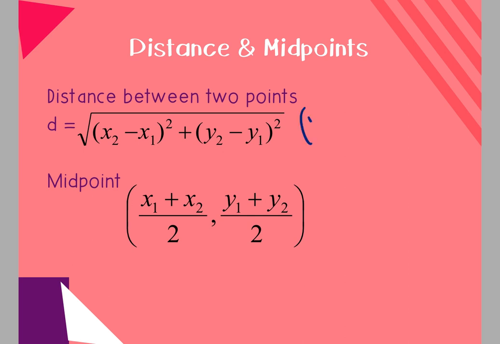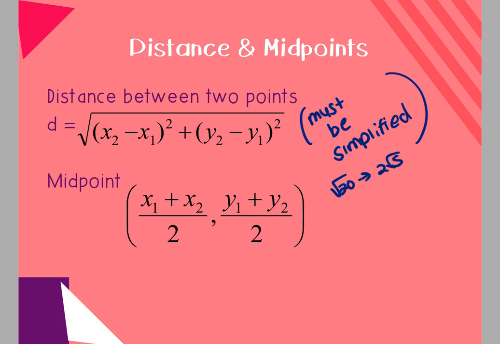These answers must be simplified. Meaning if it is a square root that can be reduced, like square root 20, it would have to be rewritten as 2 root 5, something like that.